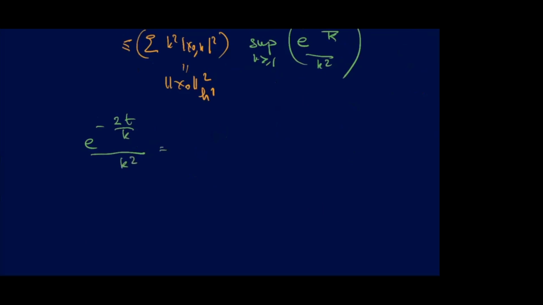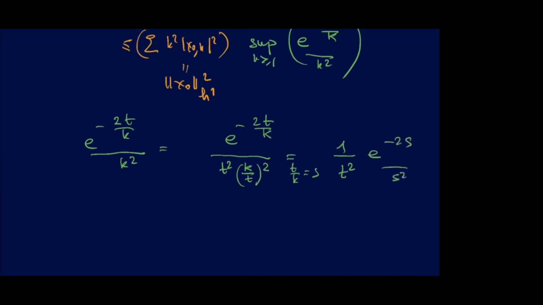I can see it as, say, the denominator k/t, right? Then this means that I have to multiply by t squared. And then this is exponential minus 2t/k, right? And therefore, with the change of variables, say t/k equal to s, I have here the function 1/t squared, and then here exponential of minus 2s divided by s squared, right?